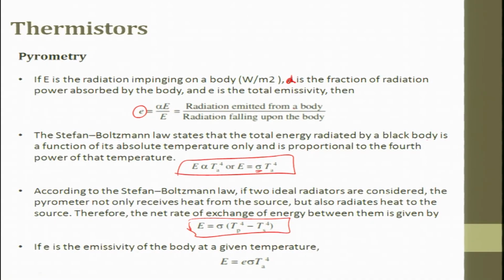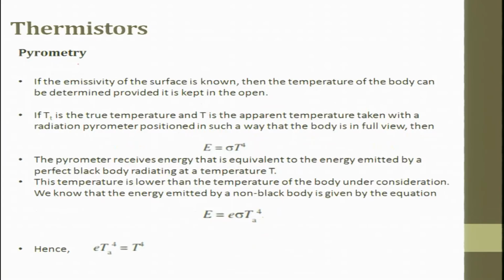Tp is the pyrometer temperature, which receives heat from the source and also radiates to the source. If you link emissivity and Stefan-Boltzmann, E is equal to emissivity into alpha T to the power 4, which is the final equation with Stefan-Boltzmann's law. This is used in pyrometer measurement.